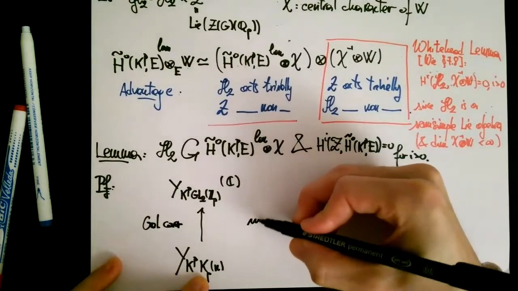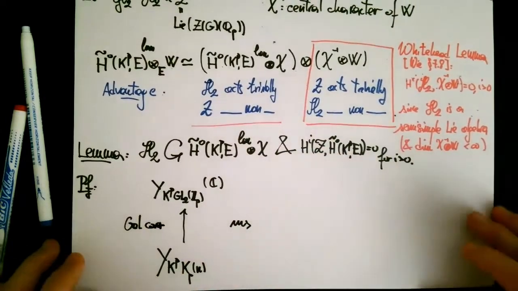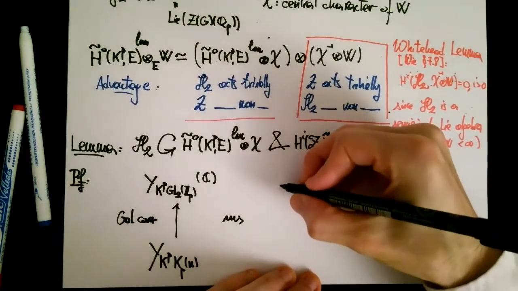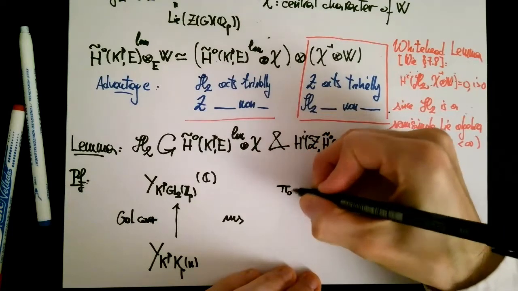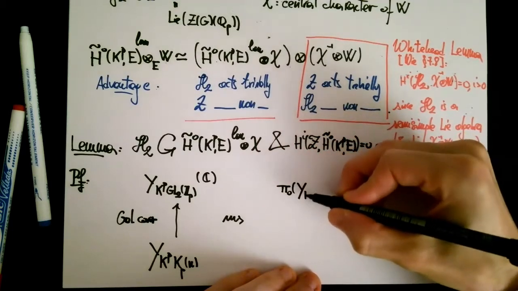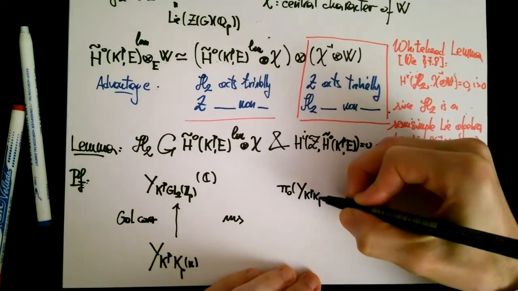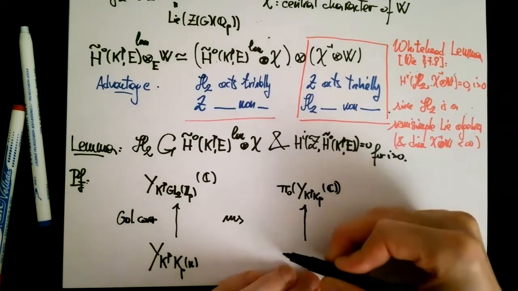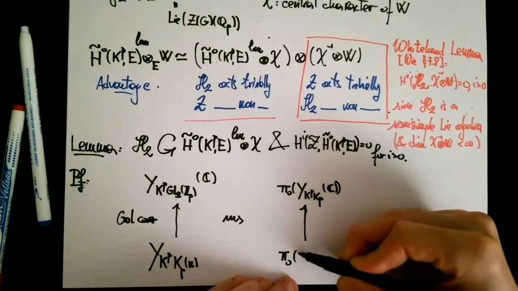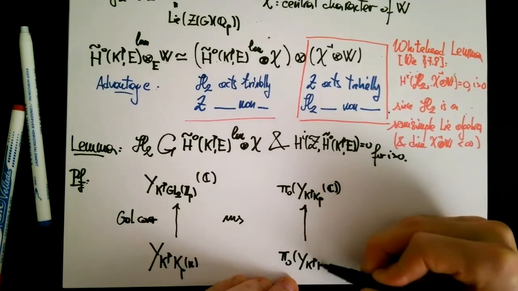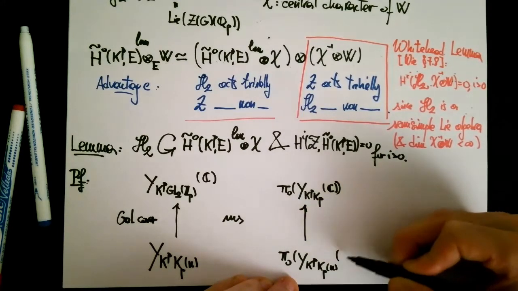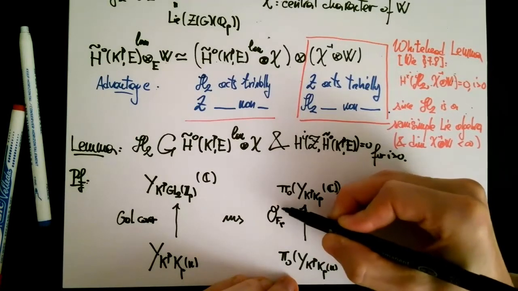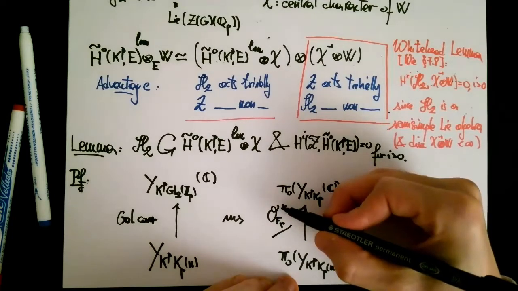And this induces a torsor at the level of the connected component. So here we have the pi_0 of Y_{K^p K_p(n)} of C. Here I have the connected component of Y at principal level n. So this is a torsor.